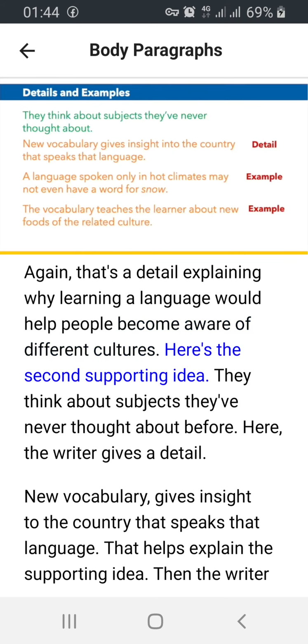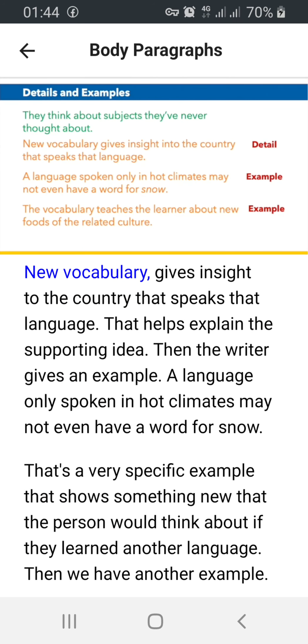Here's the second supporting idea. They think about subjects they've never thought about before. And here the writer gives a detail. New vocabulary gives insight into the country that speaks that language. That helps to explain the supporting idea. And then the writer gives an example. A language spoken only in hot climates may not even have a word for snow.